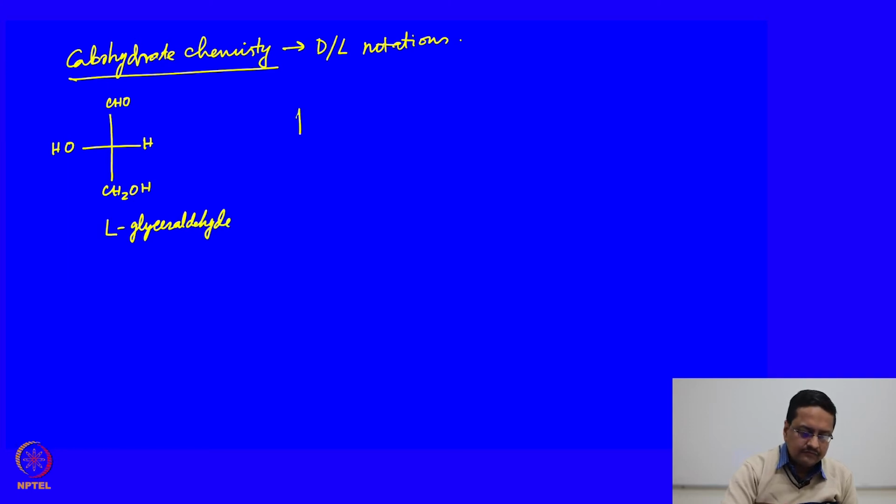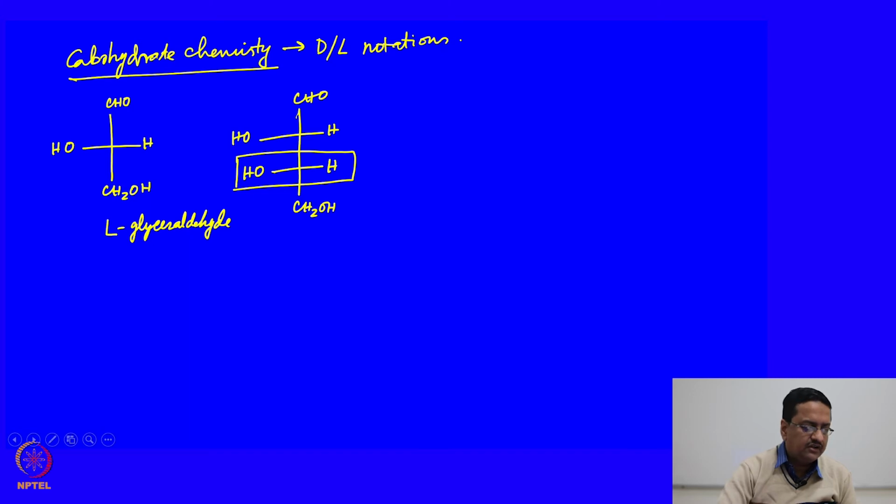If we have two chiral carbon atoms with aldehyde at the top and CH2OH at the bottom, OH and H here, and this also has OH and H. Looking at the last carbon atom in the Fischer projection, the bottommost carbon atom, this is also designated as L-threose.